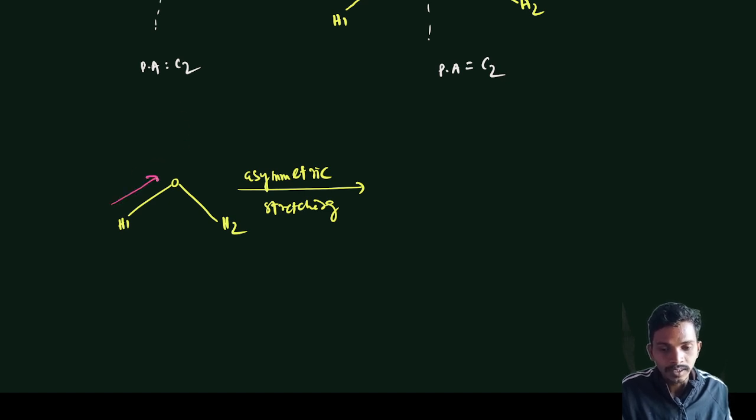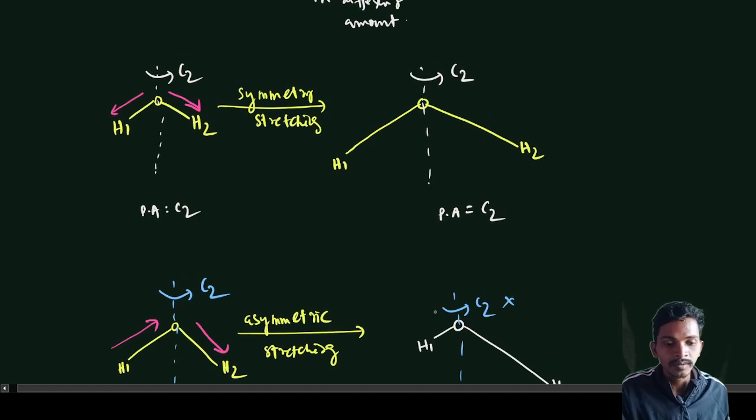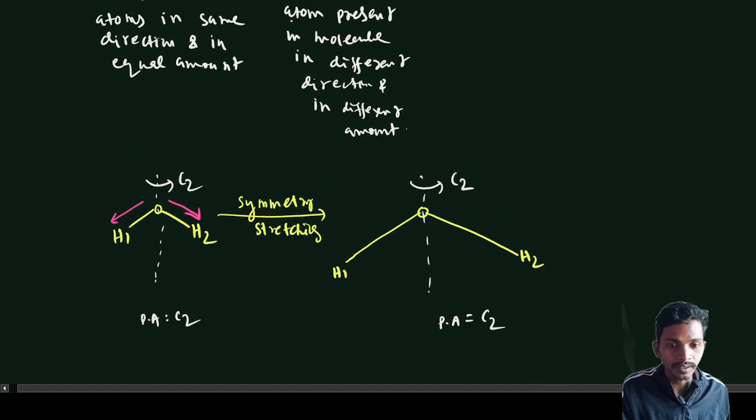After stretching, this one becomes H1, and this one I stretch more, so I get H2. Here the principal axis was C2, but now C2 is absent. So whenever we do asymmetric stretching, the principal axis is no longer there.